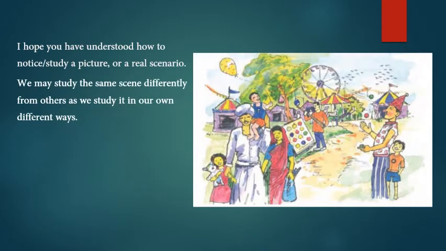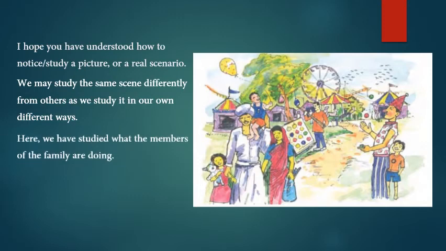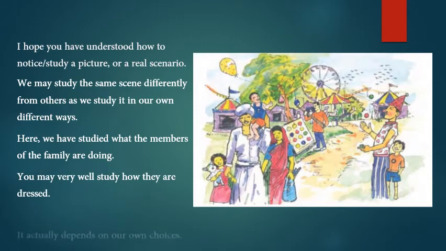We may study the same scene differently from others as we study it in our own different ways. Here, we have studied what the members of the family are doing. You may very well study how they are dressed. It actually depends on our own choices.